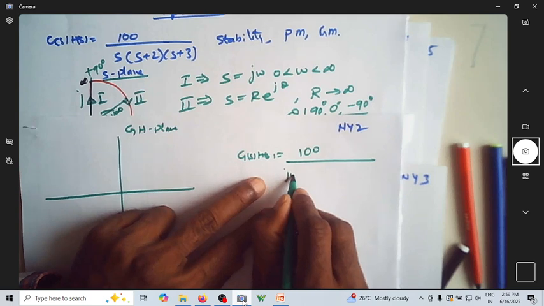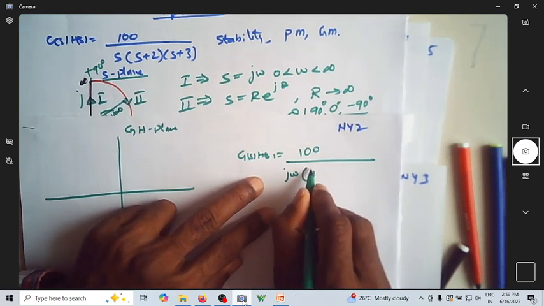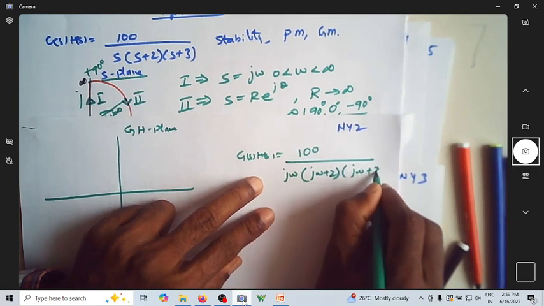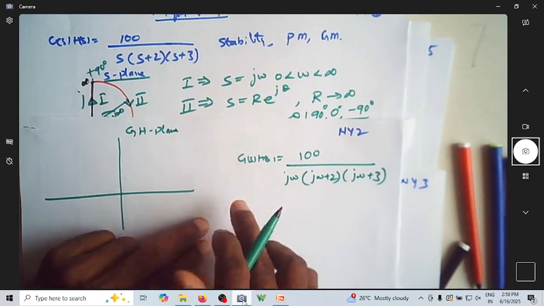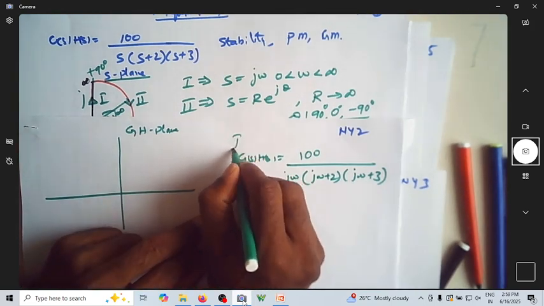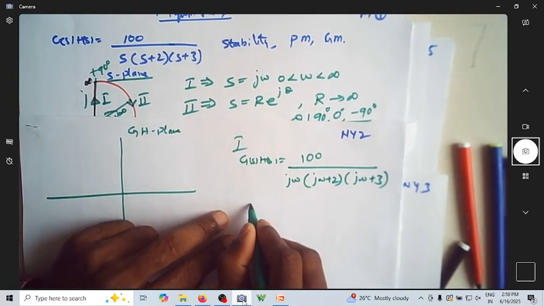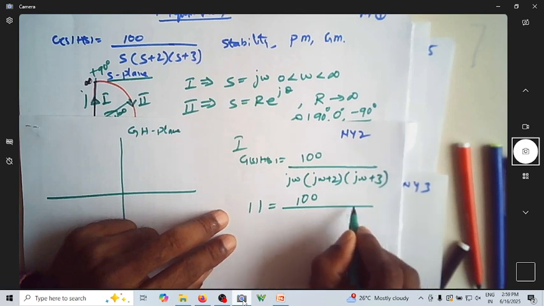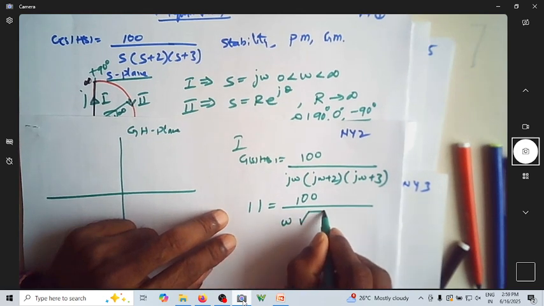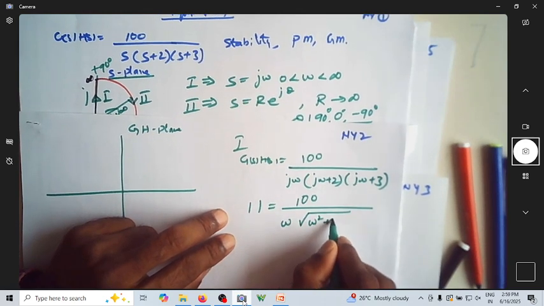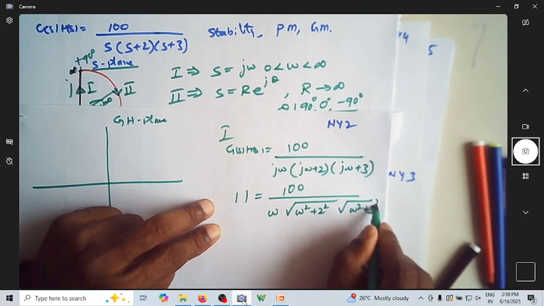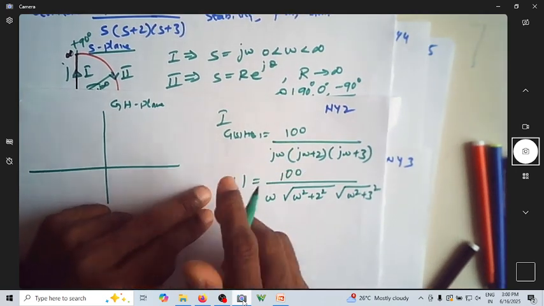Now this becomes 100 over j omega (j omega plus 2)(j omega plus 3). This is your first segment mapping. The magnitude of this is 100 divided by omega times the square root of omega squared plus 2 squared, times the square root of omega squared plus 3 squared.